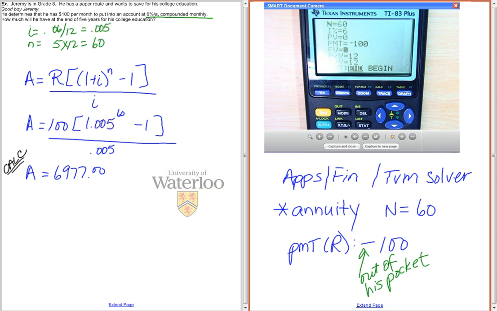We want to go to future value and do alpha, enter. So alpha is green, enter. It will give us $6,977. Notice it's positive because that's the money he is going to get.